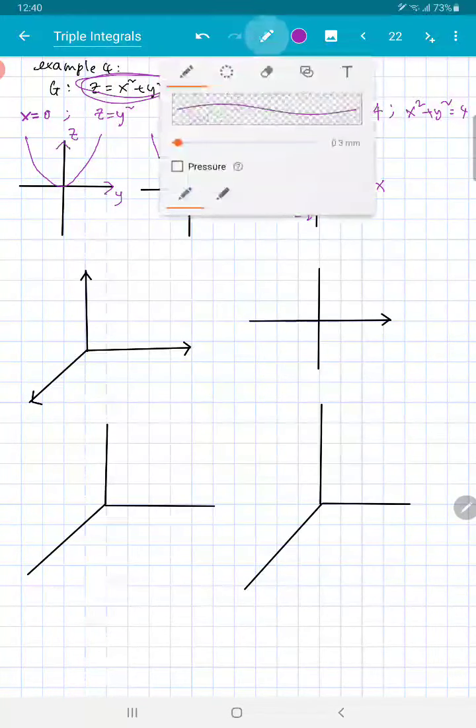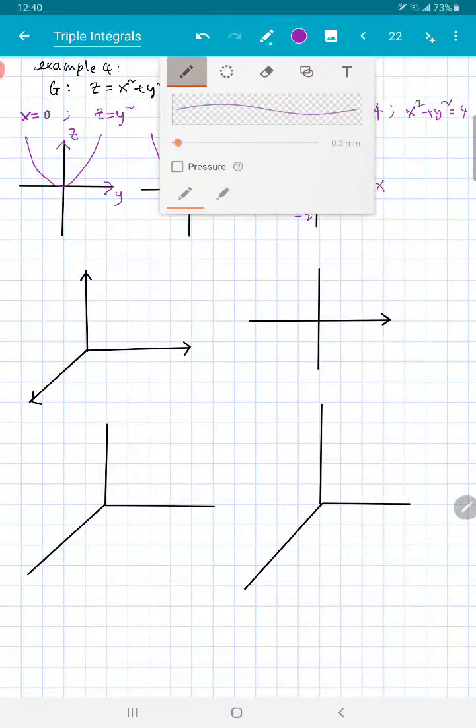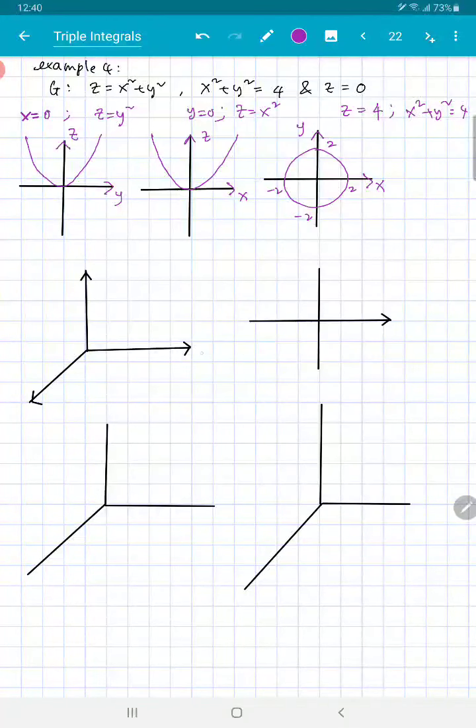Okay, now let's sketch the whole thing. Here we have x, y, z space. Now we're going to plot our surface using these three: one level curve and two traces. Now let's look at the view from the front.